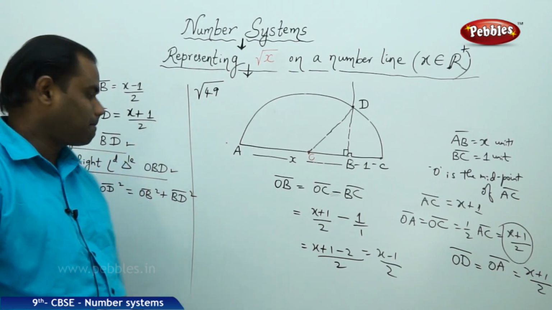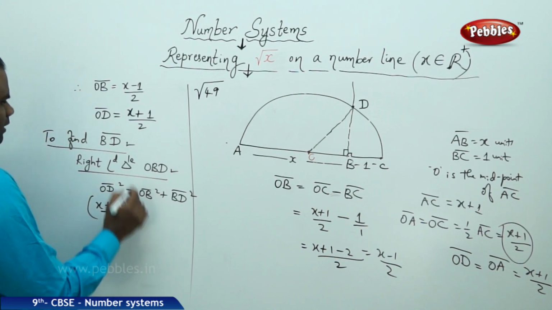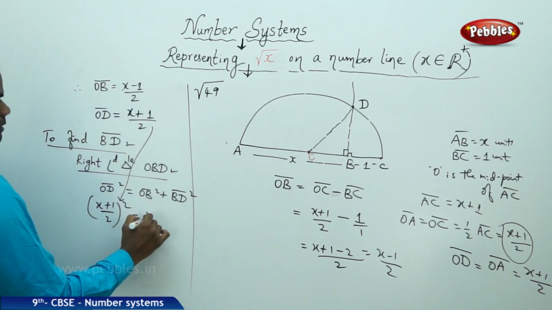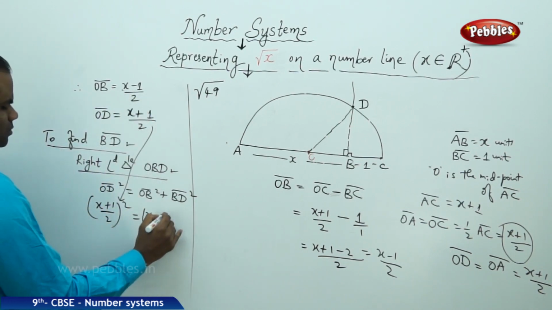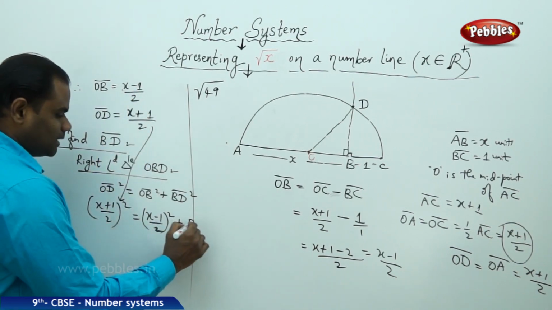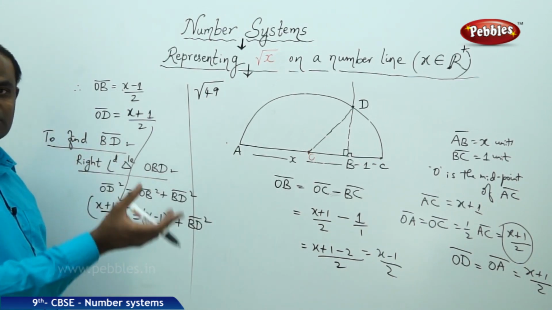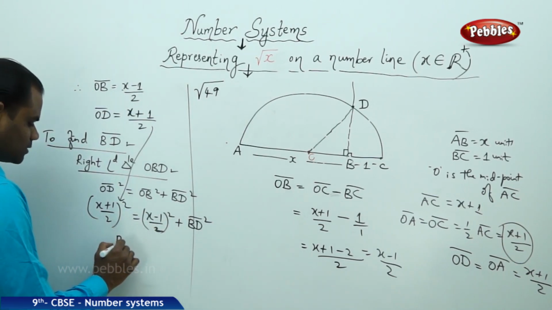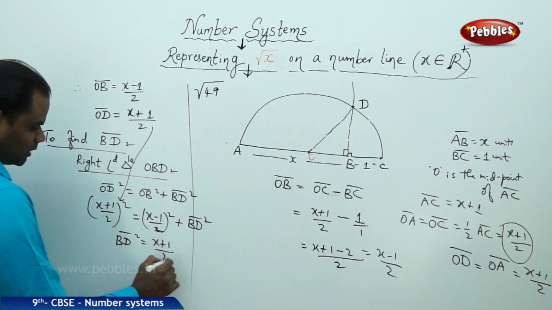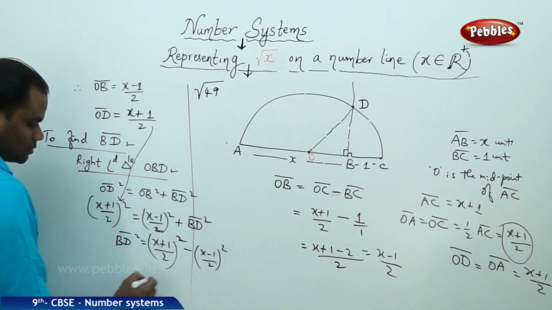OD square is x plus 1 by 2 whole square, and OB is x minus 1 by 2 whole square. I take BD square to the left and simplify, so that BD square equals x plus 1 by 2 whole square minus x minus 1 by 2 whole square.